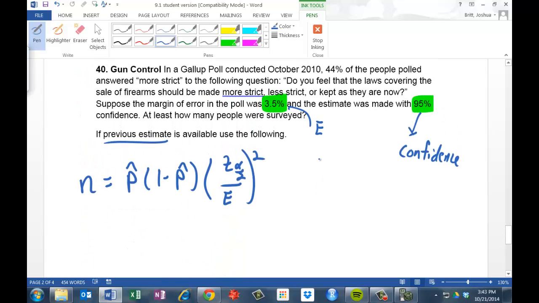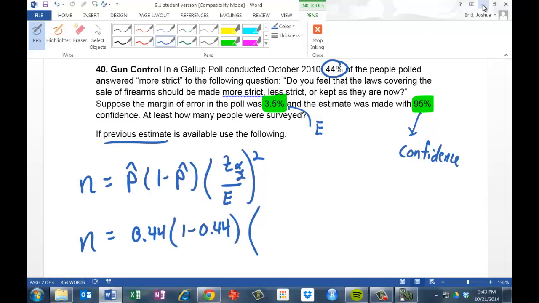Now we have a prior estimate here of 44% back in 2004, so that's what we'll use here. We'll use the prior estimate. 1 minus, now to get Z alpha over 2, we're going to look in table 5.